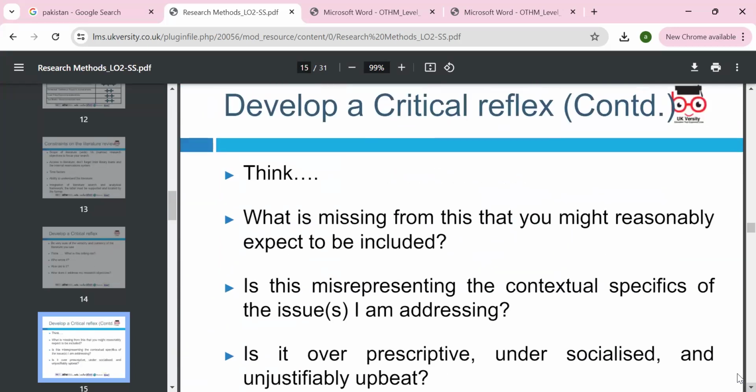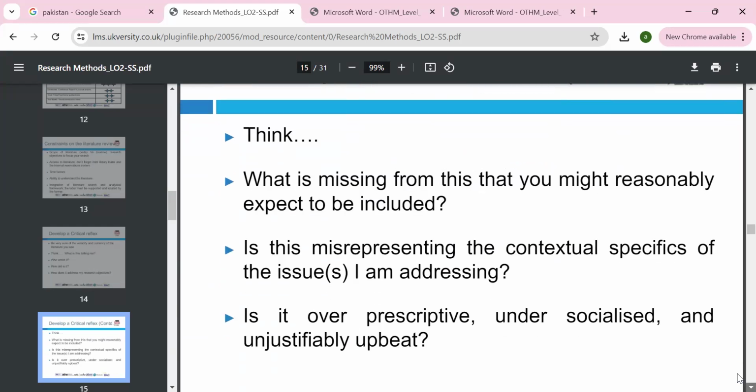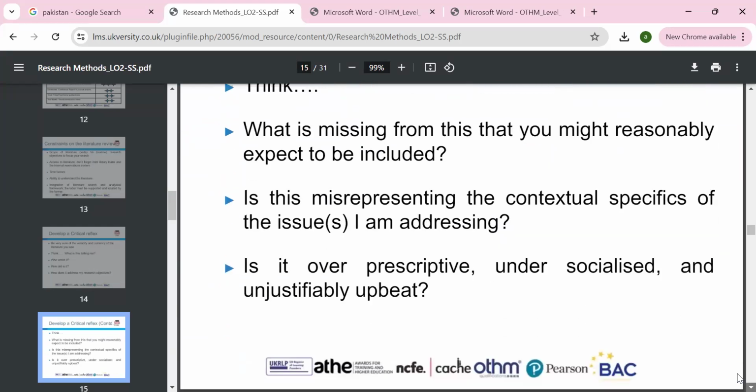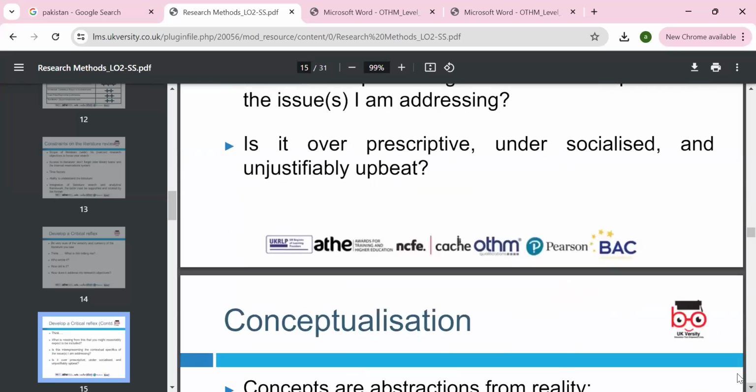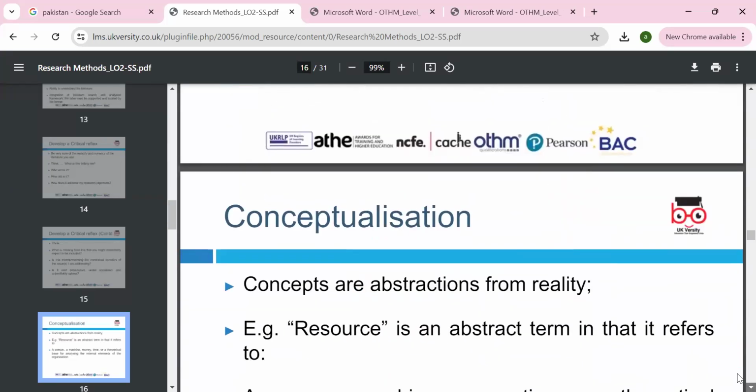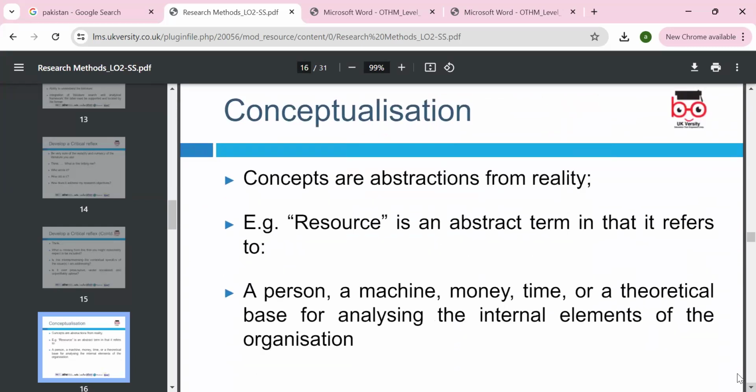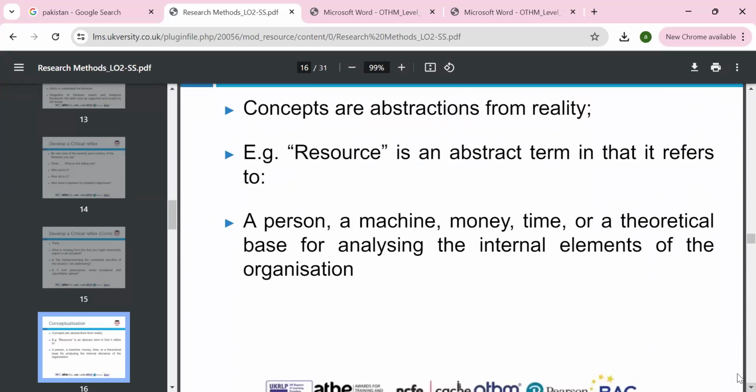Develop critical reflection on what is missing, or what might be misrepresented in the contextualized issues, or over-generalized, under-socialized and unjustified conceptualization. When reading any journal article, read the abstract, the introduction, then the conclusion, which gives you the overall picture.